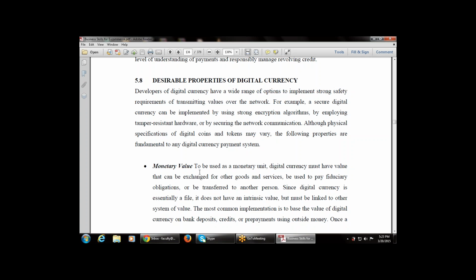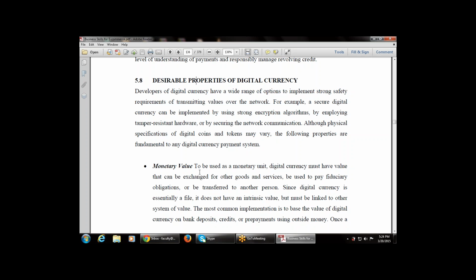It is not that every monetary transaction contains value just because we make transactions day by day. No, that is not the case. But digital currency must be exchangeable for other goods and services, be used to pay fiduciary obligations, and be transferable to another person.